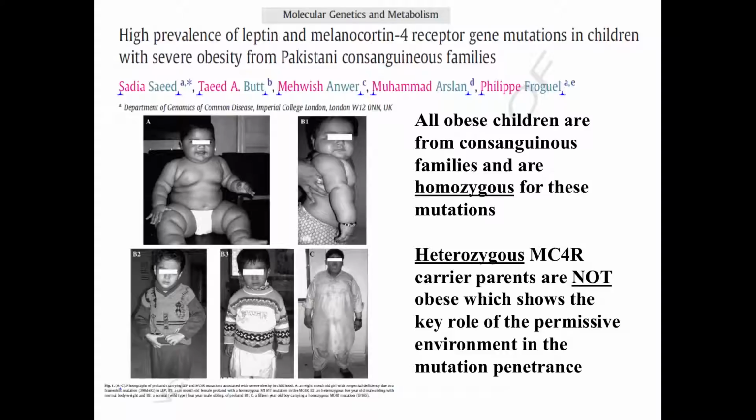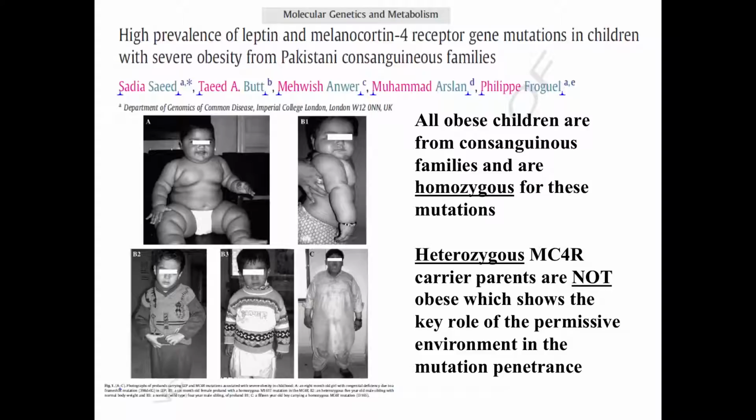I had the opportunity to work on a large cohort of several hundred patients from Pakistan, province of Lahore. All these patients are originally from consanguineous families, and we found a recessive mutation, so the 2 alleles are mutated in the MC4 receptor. What is amazing in this population is that the parents are not obese.